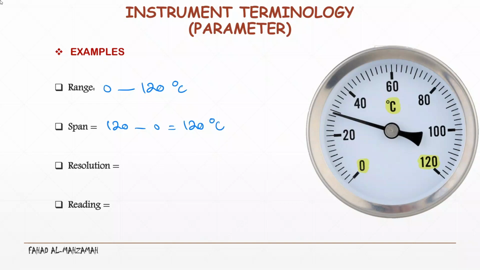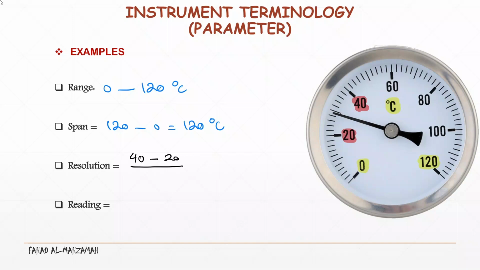Resolution. Take two consecutive values, for example, 0 and 20. Okay, let me check for 20 to 40. Okay, from 20 to 40, and you will take the difference between these two values. What you will write is 40 minus 20 divided by what? You will divide by the number of spaces or divisions between 20 and 40.